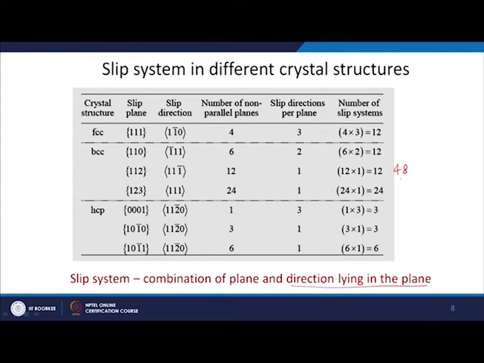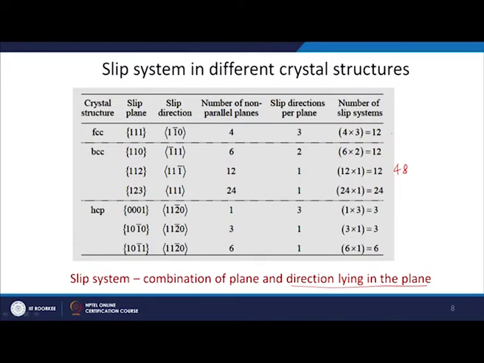Though it appears there are more slip systems available in BCC, you have to keep in mind that these are not the close pack planes. So, though their number is high, still they are not as effective as these 12 systems in FCC. In HCP, of course, the basal plane will be a close pack plane, and the 11/20 direction will be the close pack direction.